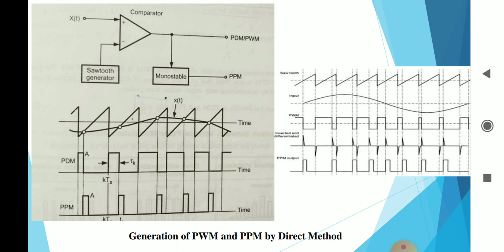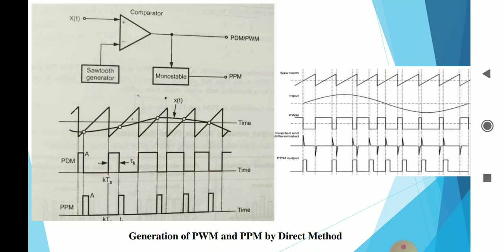Here we can see in the graph the sawtooth waveform and the message signal x of t. In the first graph below, the circuit diagram shows that the x of t message signal is overlapped on the sawtooth waveform, and the waveform below is the PWM waveform, and the last one is my PPM waveform.